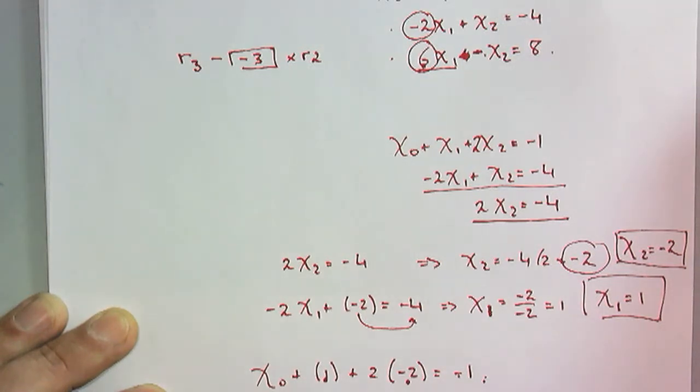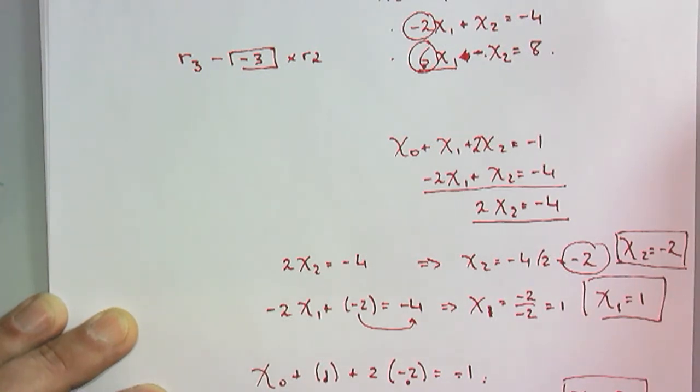So, our solution vector is the vector chi 0, chi 1, chi 2 equal to 2, 1, minus 2.